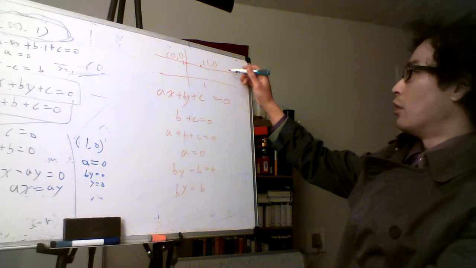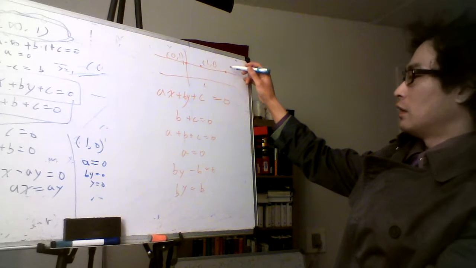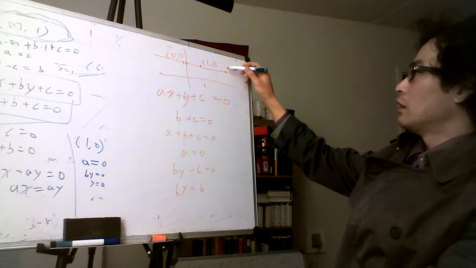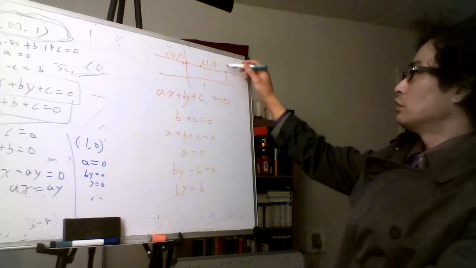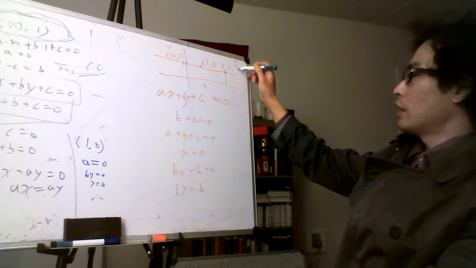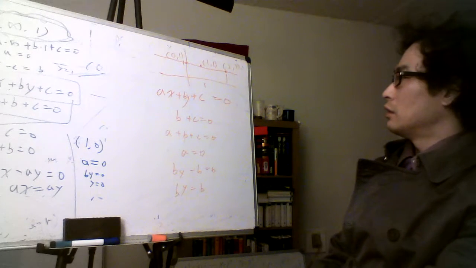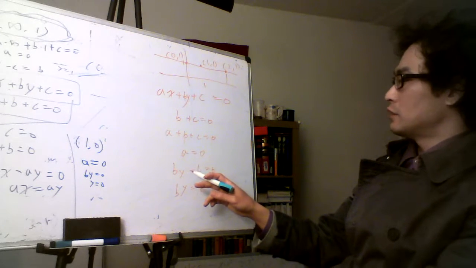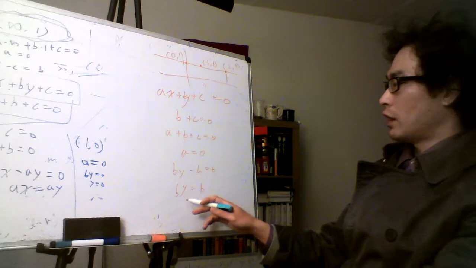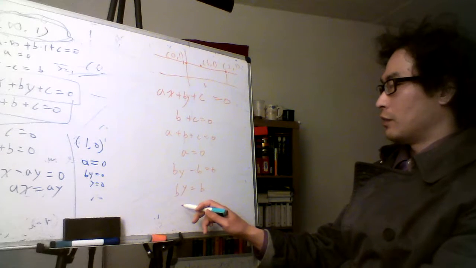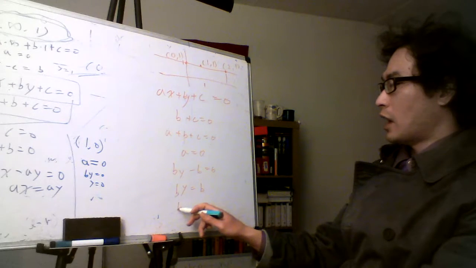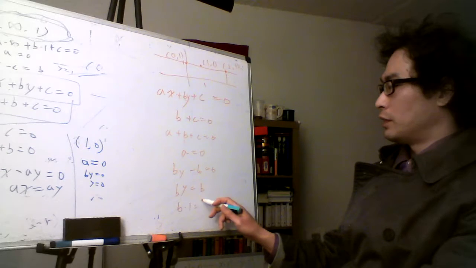Then let's have one more point here, okay? 2 comma 1, okay? So when x is 2, y is 1, okay? We don't have an x anymore, so b times 1 is equal to b.